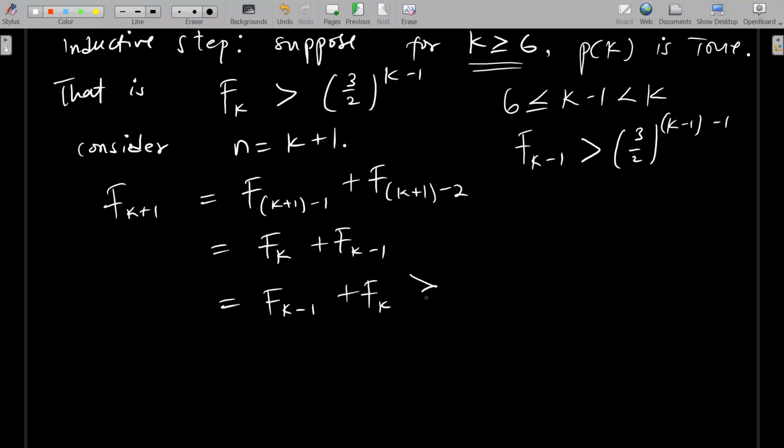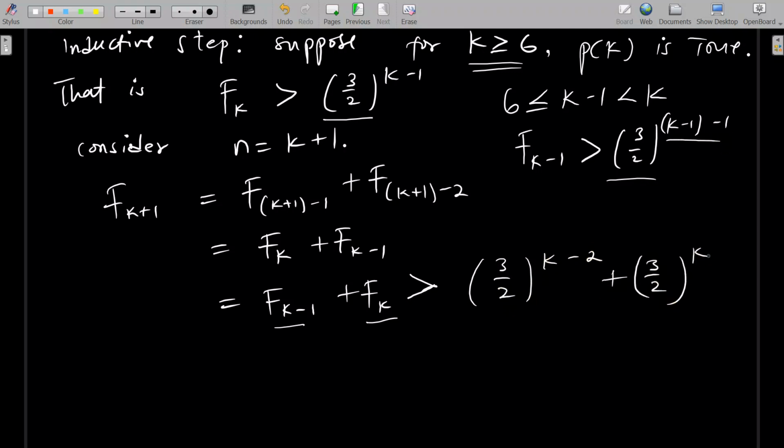So this is saying that because this guy is greater than that, this is also greater than this. So when I sum them, the sum of them is greater than the sum I have here. Okay, so I'm going to have 3 over 2 to the k minus 2 plus 3 over 2 to the k minus 1, right?